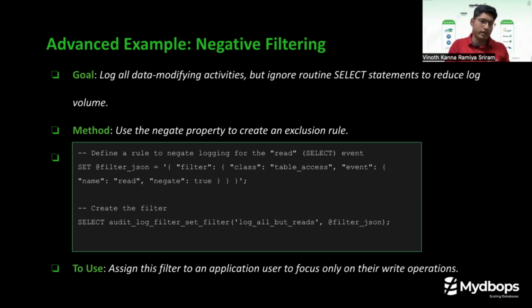For example, it's going to record anything apart from read. That simplifies how you define the rules. Rather than stating all possible events, we can simply negate what I don't want. This flexible query language helps us to easily address any kind of complex auditing requirements that we have.